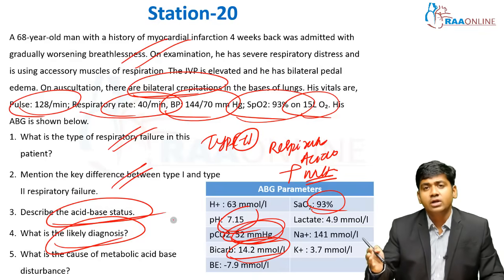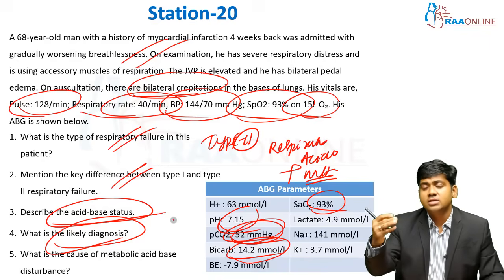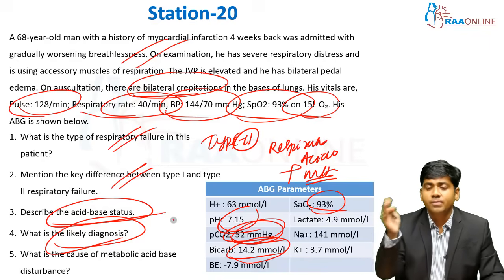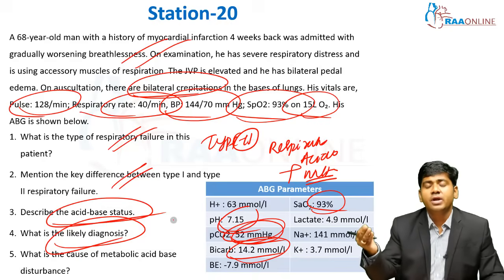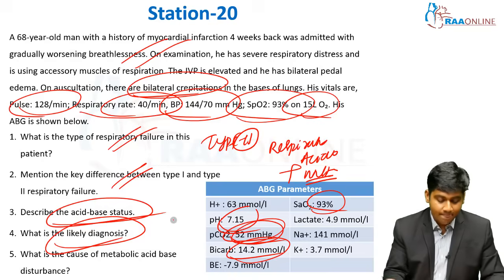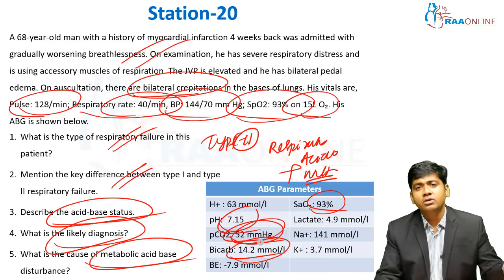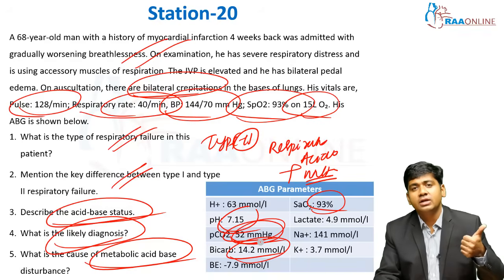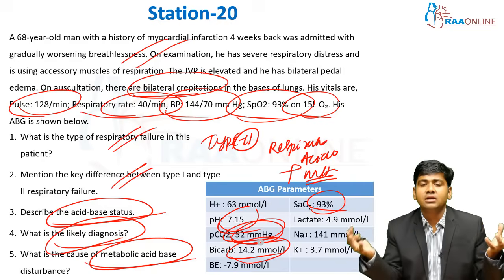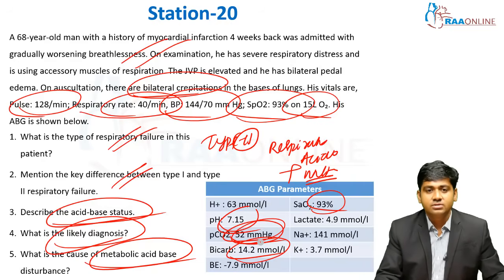Because of the congestive cardiac failure, the perfusion is not good, so the lactate level is rising, and because of that the patient develops metabolic acidosis. As pulmonary edema is there, ventilation perfusion mismatch is there, so the patient develops respiratory acidosis. Cause of metabolic acidosis: decreased renal perfusion, there will be an increase in lactate, and second, there will be an increase in the fluid in the lungs, causing pulmonary edema, which leads to respiratory acidosis.